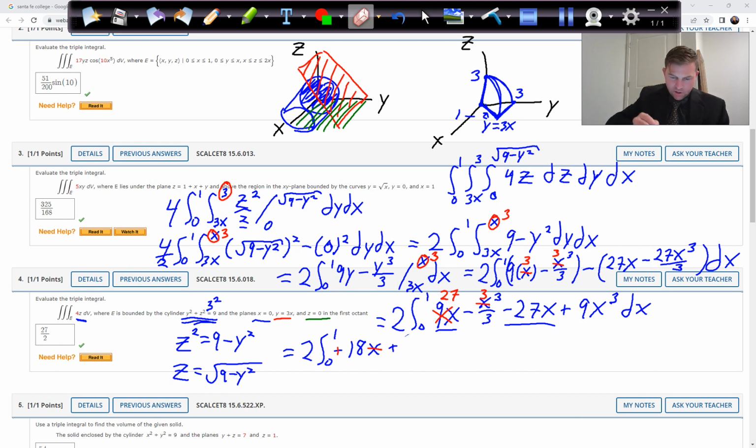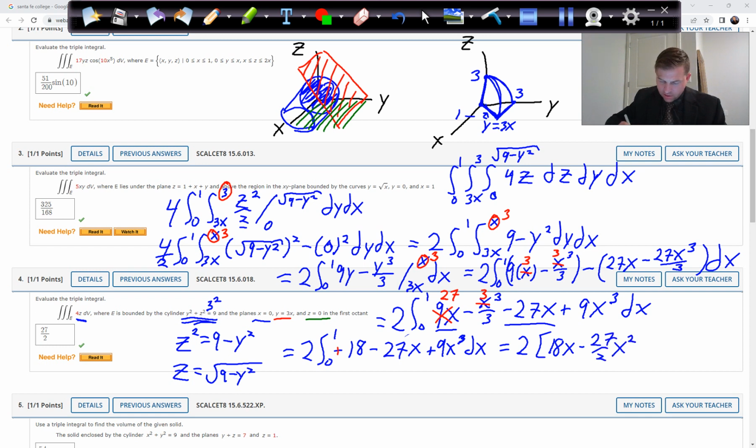Then it's going to be minus 27x plus 9x cubed. Here we go. Okay, now we're going to get 2 times 18x minus 27 halves x squared plus 9x to the 4th over 4 from 0 to 1.